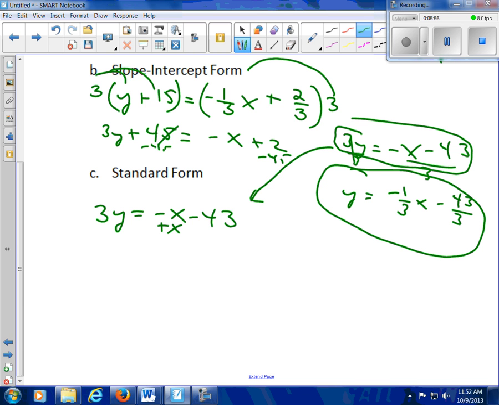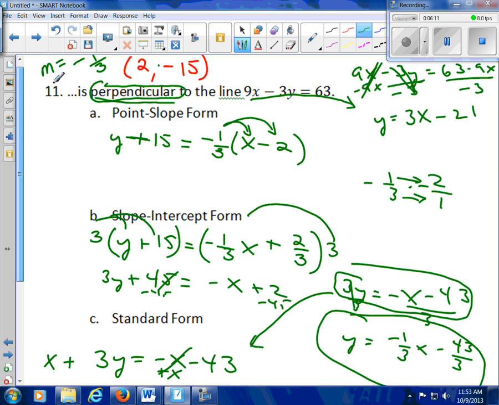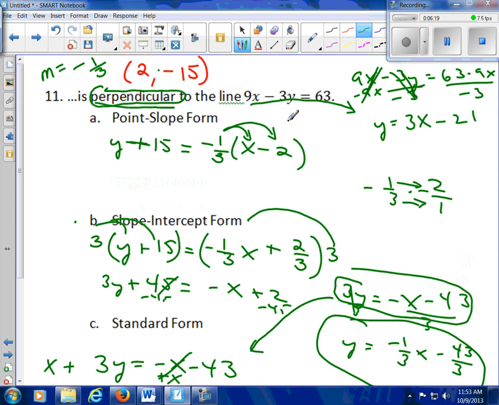So I'm going to add x to each side. So x plus 3y equals negative 43. And that is my equation in standard form that is perpendicular to the line at the top that they gave us. So that's all three forms that are perpendicular. So I hope that helps clarify some things.